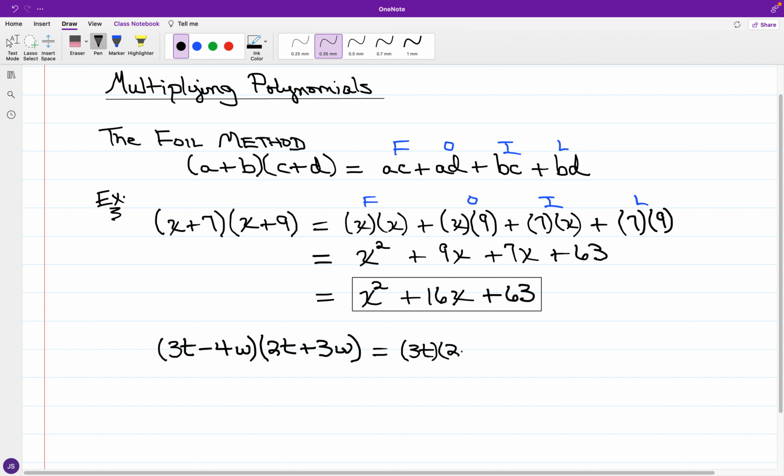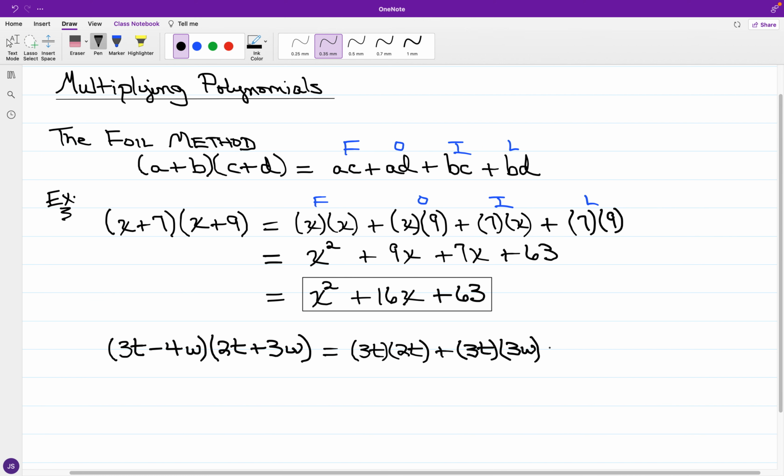For the first product, we're involving the first terms, 3t and 2t. Outside products, we have 3t and 3w. And for what we have on the inside, you have negative 4w times 2t.